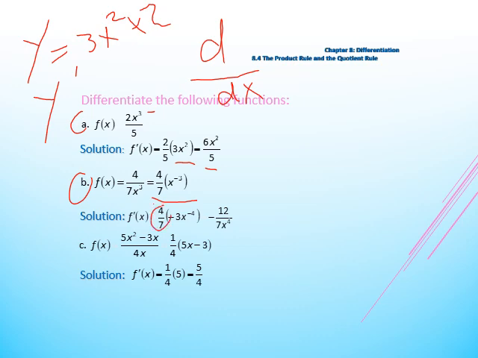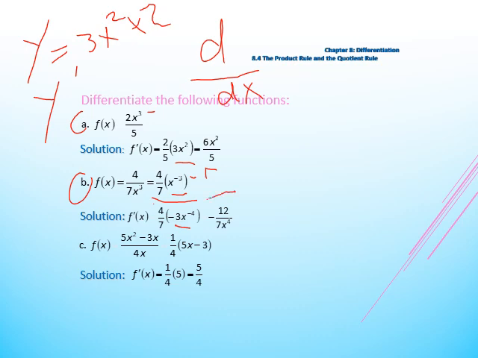Let 4 over 7 out of the function and get the derivative of x to the power negative 3, which equals negative 3 times x to the power negative 3 minus 1, which is negative 3 times x to the power negative 4.